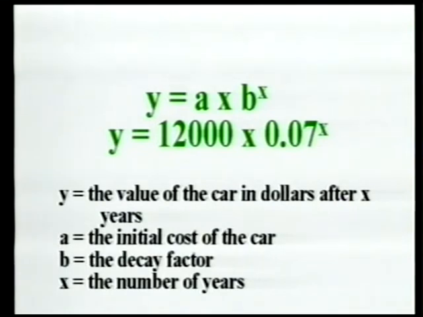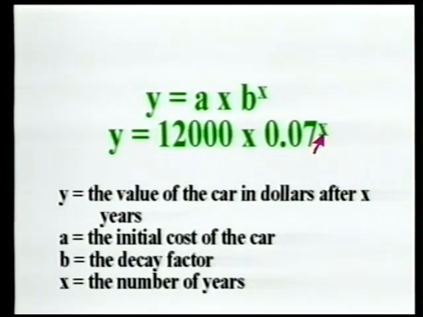But for depreciation, instead of having 1 plus the amount of interest, we simply have the amount of interest involved, giving us, for our depreciation formula for our car, 12,000 times 0.7, after 30% depreciation, raised to the x power.